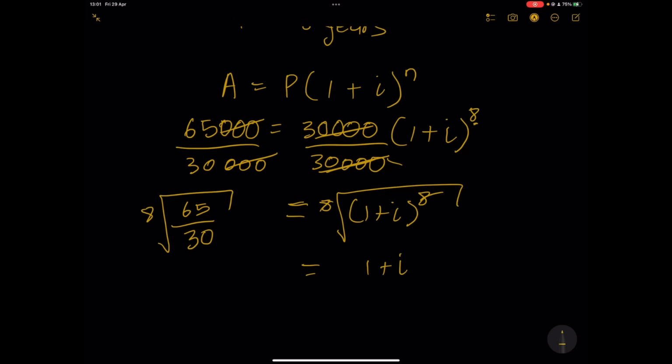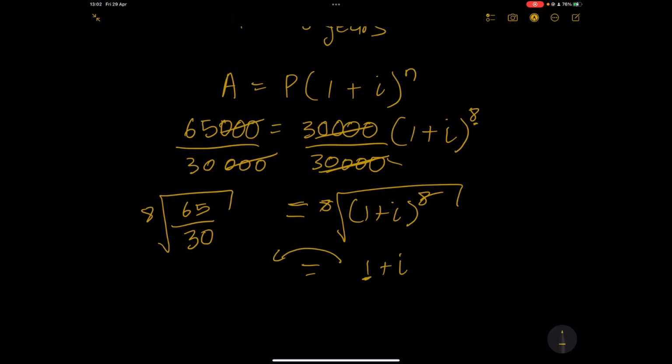Now quickly, let's do that. In your calculator, right, you take the 8th root. So I would have 8 over there, and I would have 65 over 30. Okay, and I get a value of 1.1014. But then I subtract this 1 if I take that to the other side.